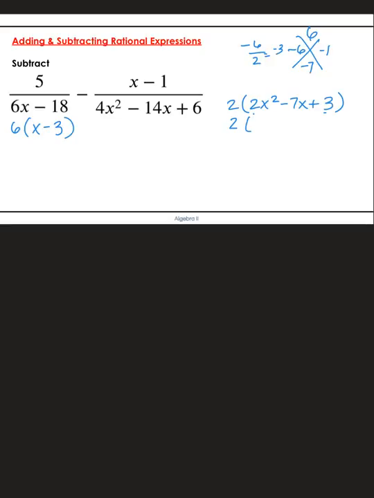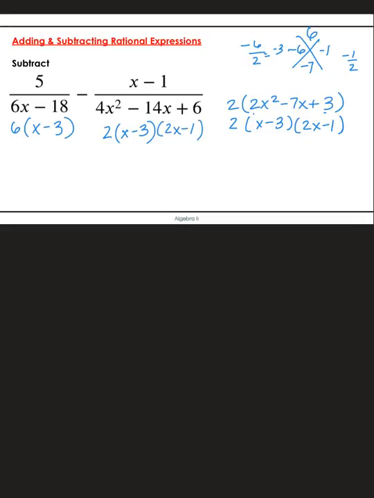So that's going to be x minus 3. And then negative 1 over 2 is going to give me 2x minus 1. So I'm going to put that over here. I'm going to write 2 times x minus 3 and then 2x minus 1.